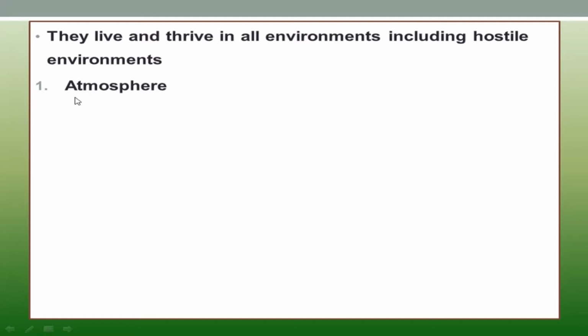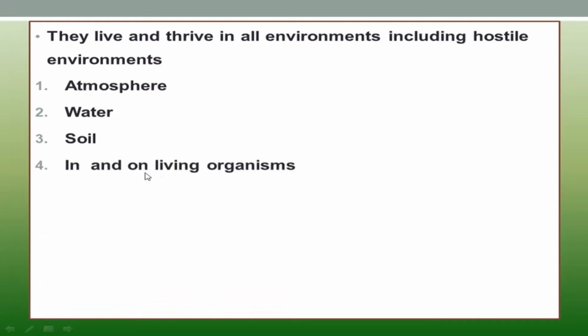The first one is the atmosphere. Microorganisms can be seen in the atmosphere. The next type of environment is water. Microorganisms exist in the water also. Next one, soil. Microorganisms exist in the soil also. Next one, in and on living organisms.